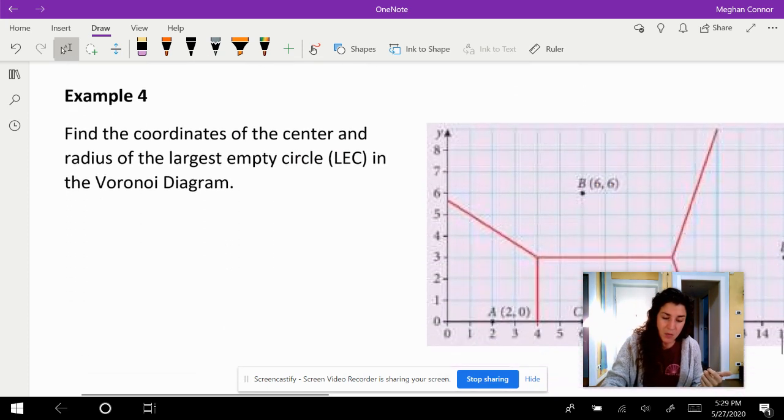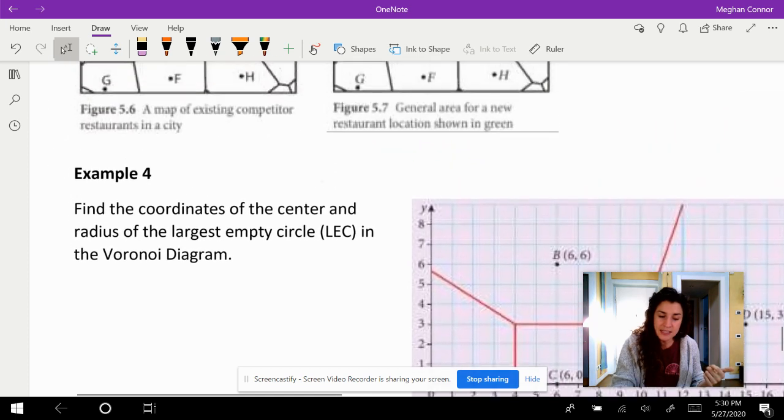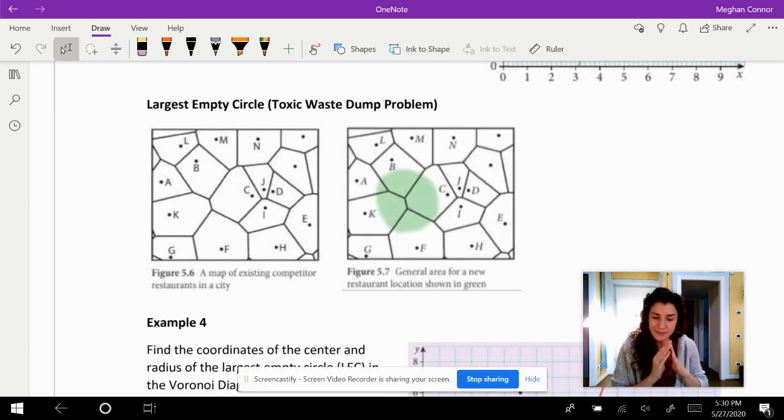So what we do is that the center of this largest circle you could create is always going to be at a vertex. So we're talking about a circle that you can create starting at one of the vertices of these polygons. And remember, the vertex is where all of the edges come to meet in a corner.